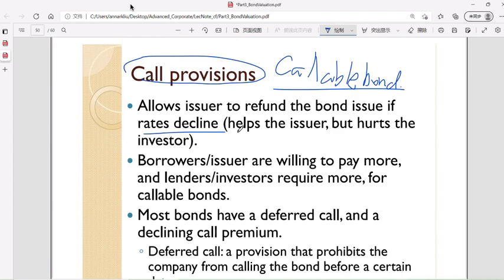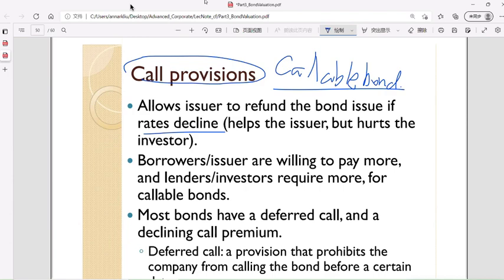And I would say more than half of the bonds have call provisions. The call provision gives the borrower more flexibility, so that they can retire the existing bond when the interest rate is lower.